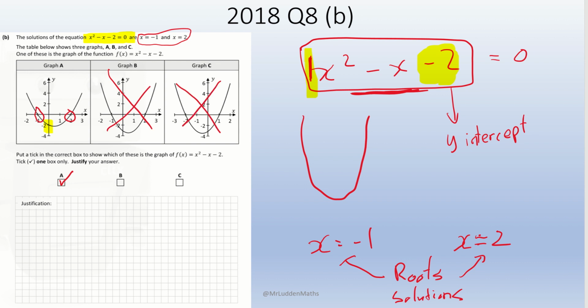So we have to justify our answer. Just to finish off this question, y-intercept is -2, roots are -1 and 2, and so that's like our proof, but we need to sort of justify it.